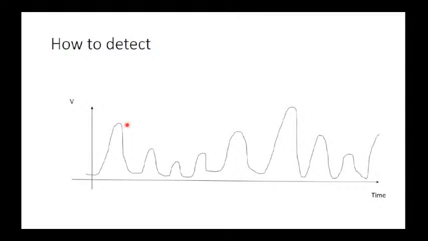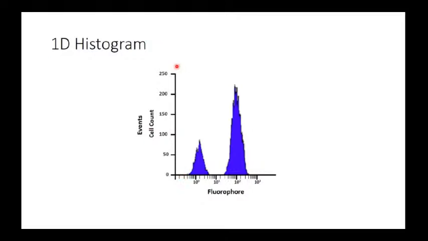At the end, I will get data similar to this. When the cell is expressing the protein, I will get a high peak, and when the cell is not expressing the protein, I will get a small peak. And then the computer will give me something called a one-dimensional histogram. Here we have the cell count, or the events passing through the laser beam, and here we have the signal of the fluorophore.